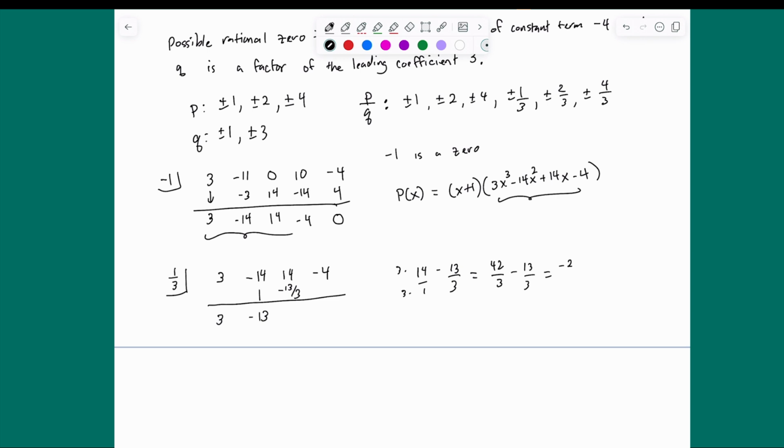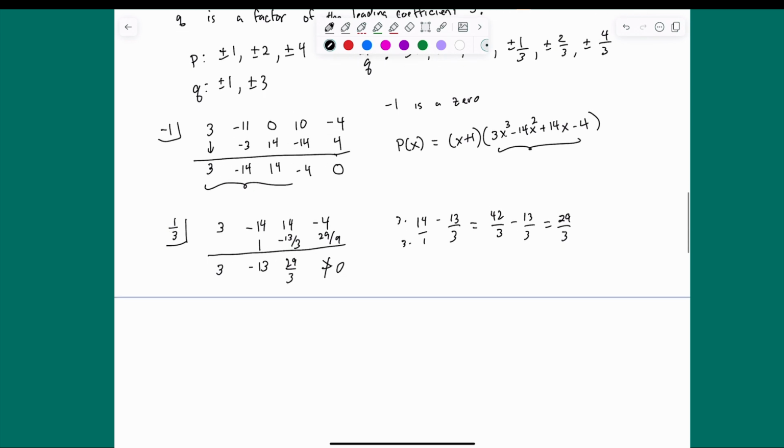So we get positive 29 over 3. Okay, and then we multiply. Clearly this is not going to give us 0, but 1/3 times 29 over 3 is 29 over 9. And this is definitely not 0, so I'm not even going to bother to check.